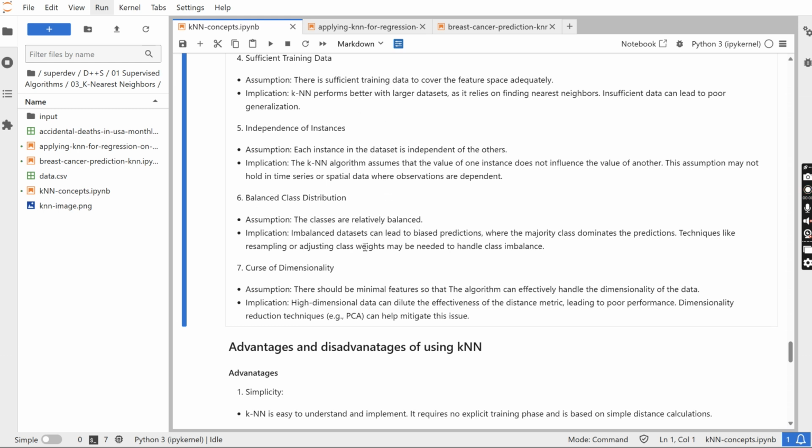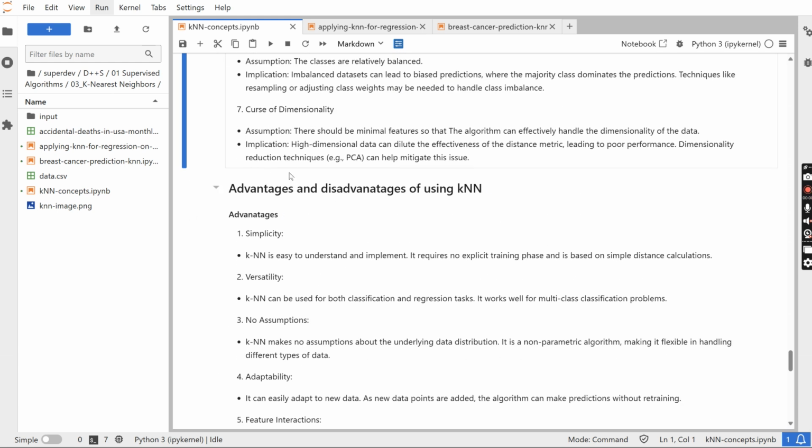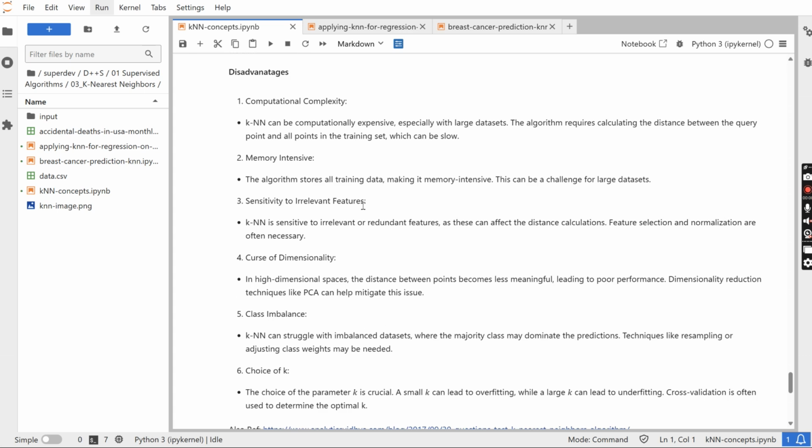Balanced class distribution means the 2 classes that we are trying to classify should have a 50-50 balance. And there is the curse of dimensionality, very important. You can't have too many features. You can't use KNN on a 100 feature problem, or even a 30 feature problem. That doesn't make sense.